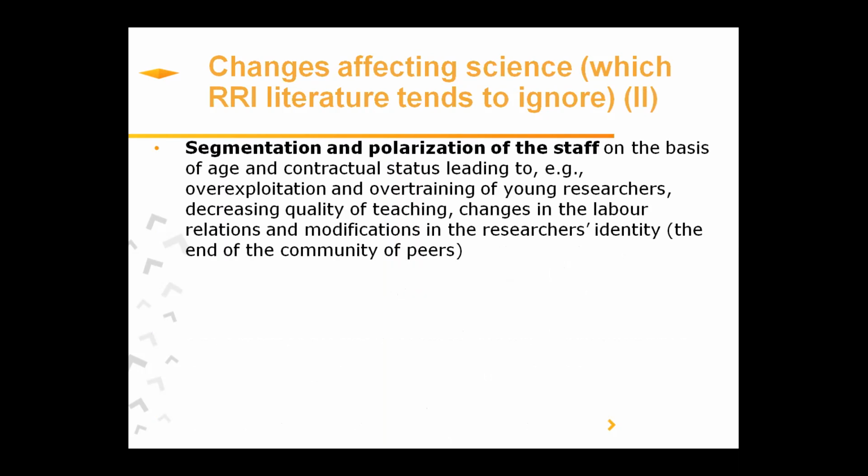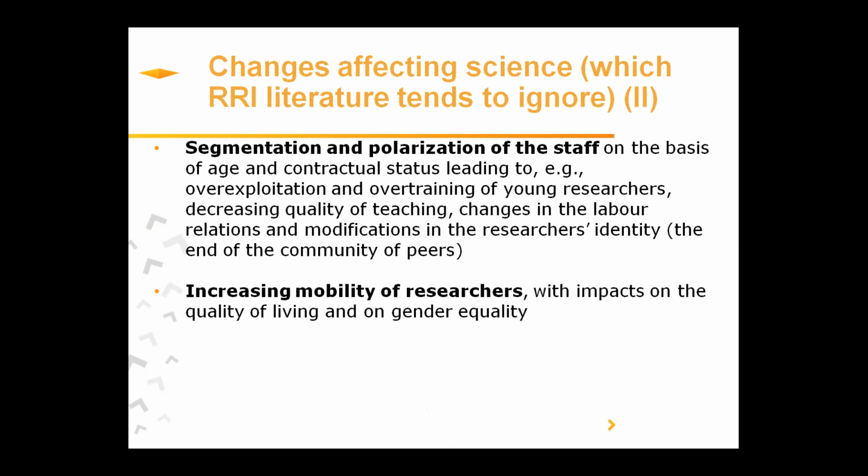There is consequently a segmentation and polarization of the staff on the basis of age and contractual status, leading to, for example, an overexploitation and overtraining of young researchers, decreasing quality of teaching, changes in lab relations, modification in the research identity; the idea that university or research is a community of peers is disappearing. There is an increasing mobility of researchers with impacts on the quality of living and on gender equality.